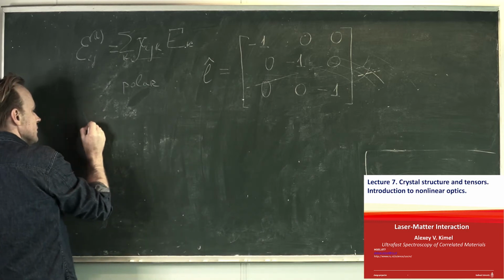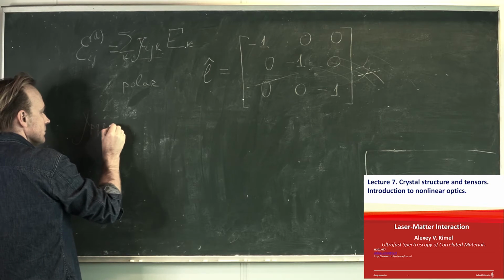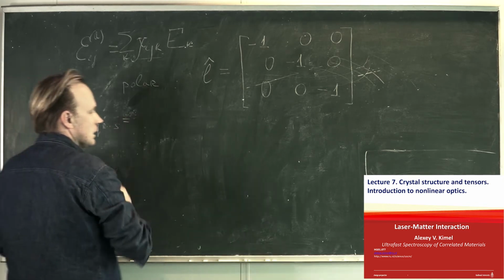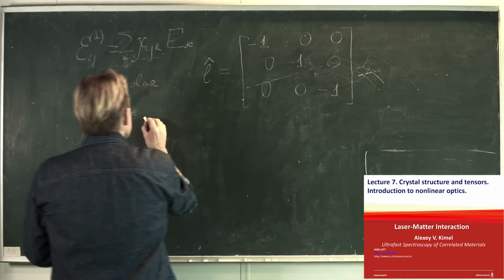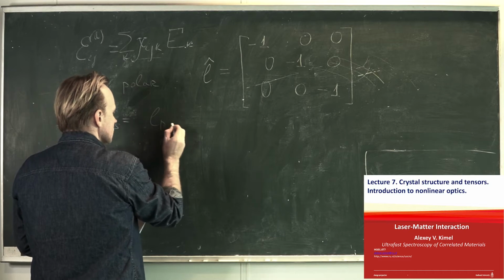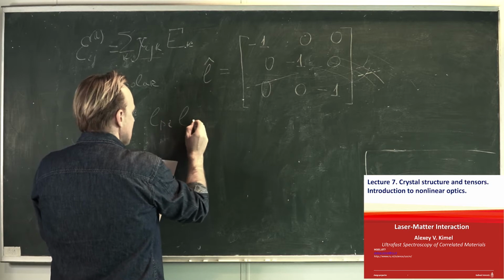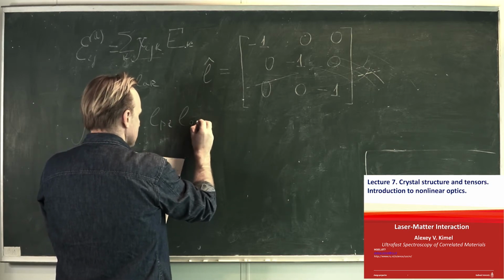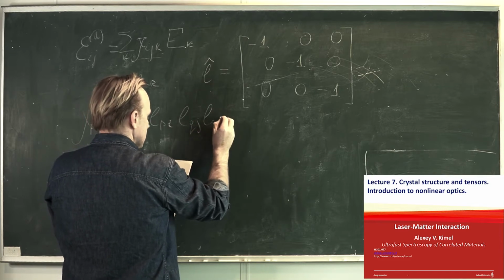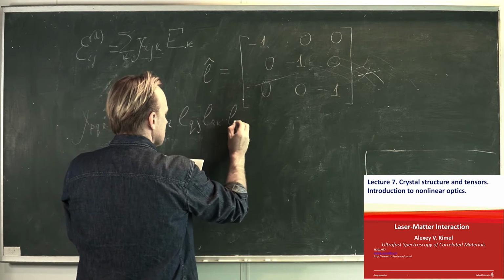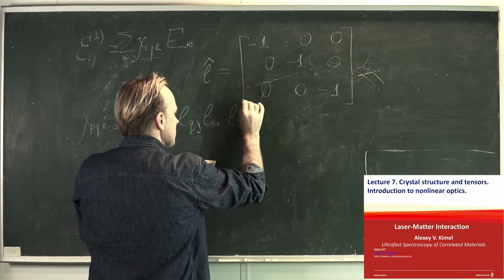And for polar tensors, if you change the coordinate system, the elements of the tensor in the new coordinate system will be found following a bit lengthy but still quite simple expression.